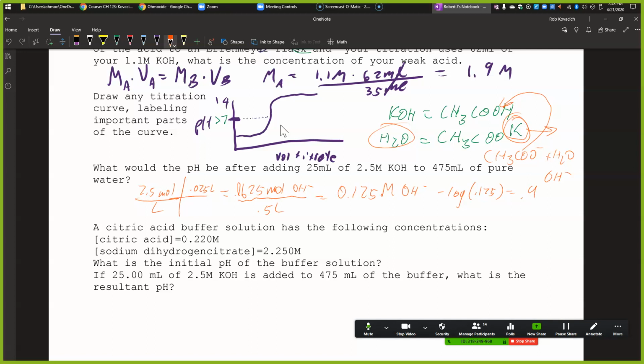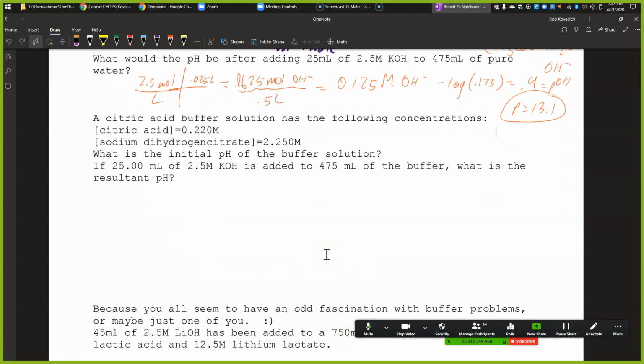So this is my pOH. So then my pH is equal to 13.1. So a massive change in concentration. So we're going to do the same thing, but this time we're going to do it to a buffered solution.